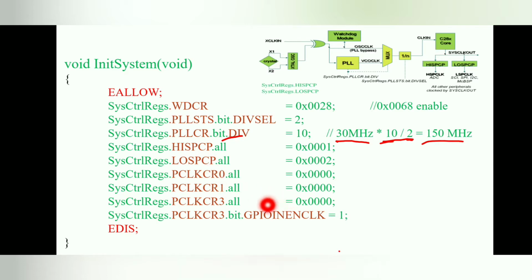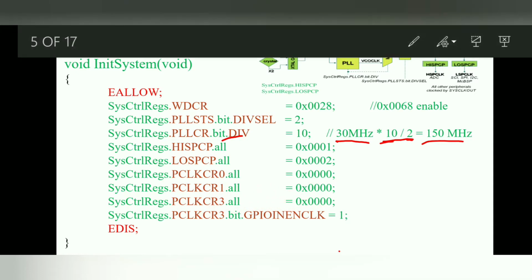Here we are using GPIO pins to connect the LED, so we have to use the GPIO enable. We need to enable the GPIO pins using the PCLKCR3 bit, GPIO in clock enable equals 1. So enable the GPIO clock bit in register PCLKCR3 and disable all other peripheral clock units in the registers. Okay, so this is the initialization of our system control registers.